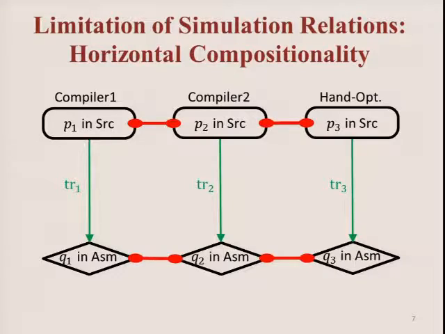In the compiler verification case, it means the ability to compose together the verification of different modules, possibly compiled by different certified compilers, with some modules possibly optimized by hand, and then compose these proofs to get the equivalence between the linked source program and the linked target program. That's horizontal compositionality, but it's not supported by simulation relations.